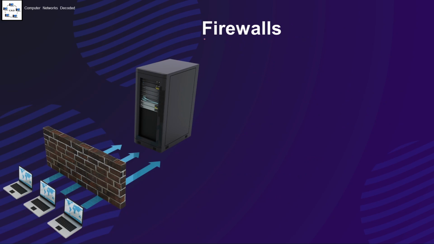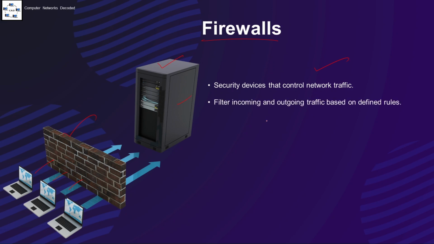Our next hardware device is the firewall. These are security devices that control network traffic. They allow or disallow different devices and network packets to the server or different services. They filter incoming and outgoing traffic based on defined rules.